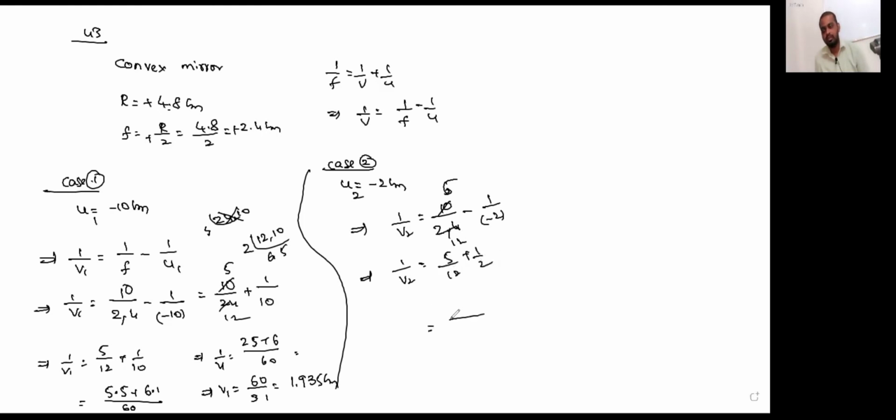The LCM will be 12 only, 5 plus 6. You will get 11/12 as the 1/v2 value. v2 is equal to 12/11. It will be around 1.09 centimeters.